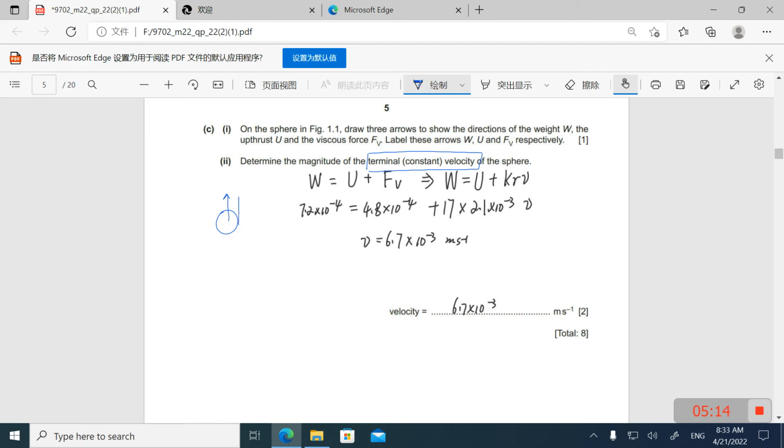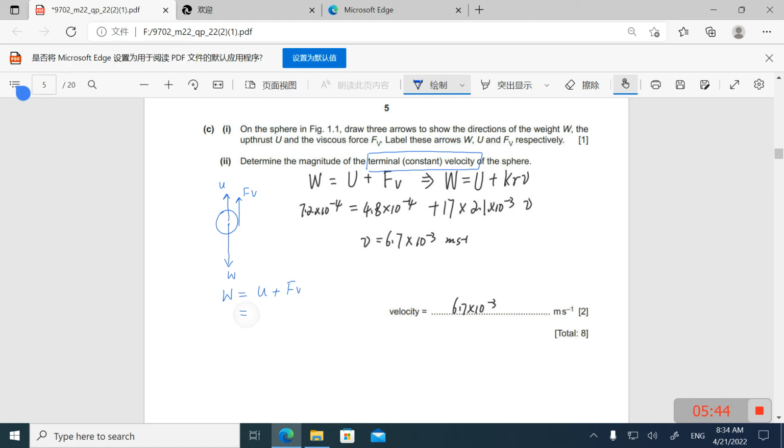Upthrust, this is your viscous force, and this is our weight, Fv, U, and W. As the object is moving with constant velocity, it means the resultant force is zero, and the sum of downward forces equals the sum of upward forces, so that equals Fv.